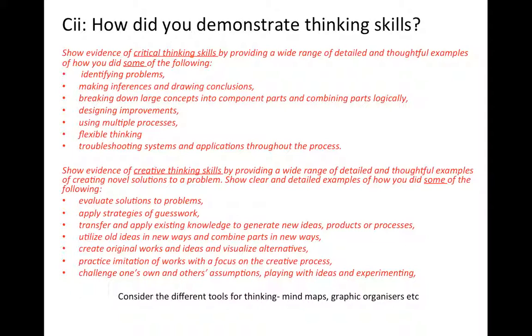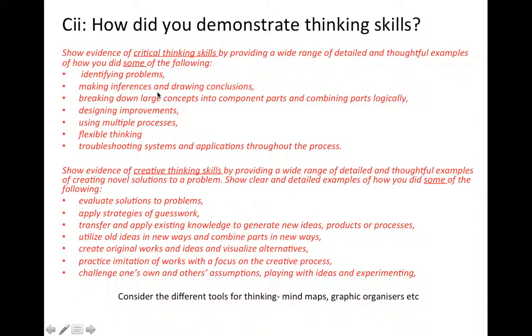Now, the key to doing well in this criterion is that you need to make sure that you're being specific. In this criterion, you need to talk about how you have, and show evidence of how you have, demonstrated critical thinking and creative thinking, perhaps. Now, you need to come up with a wide range of detailed and thoughtful examples, and some of these things may link to that.